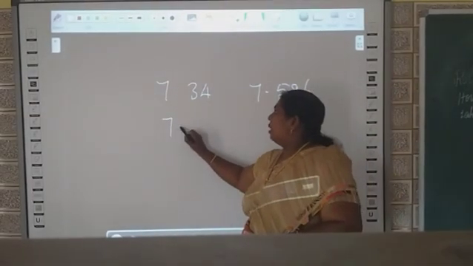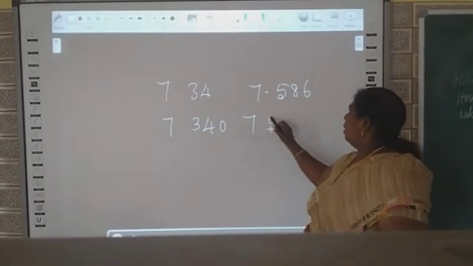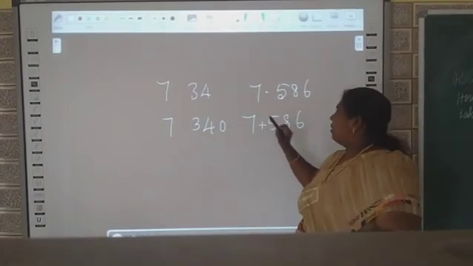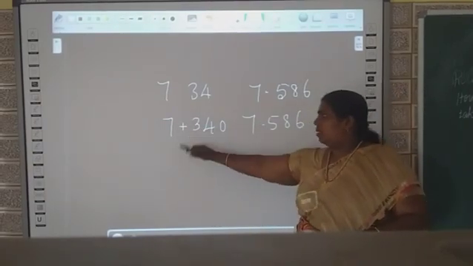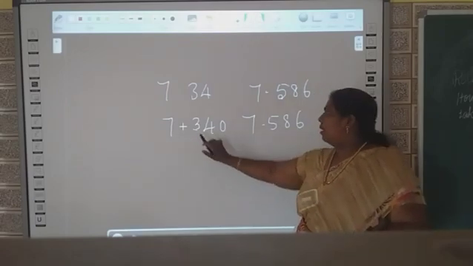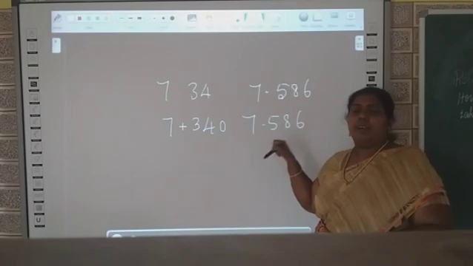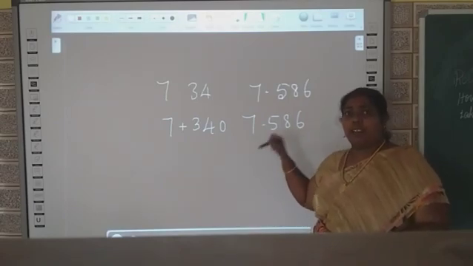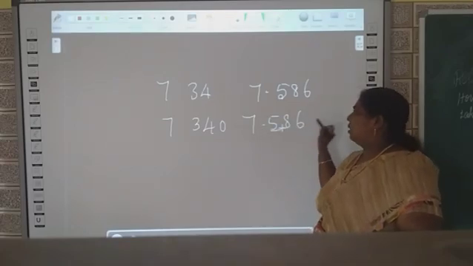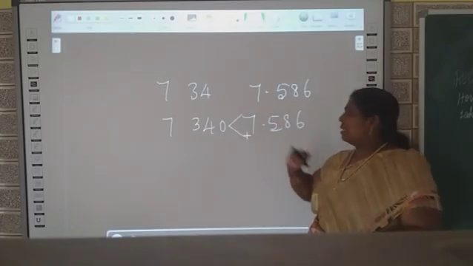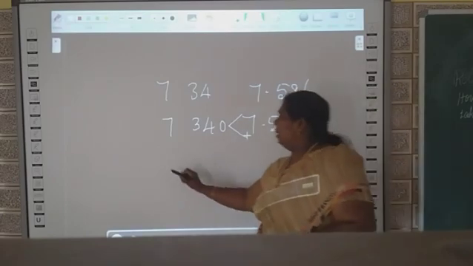Convert it: 7.340 and 7.586. Now you compare. The whole number is the same, so at the tenths place, here 3, here 5. So easily you can find which one is the greatest. This is the greatest value, 7.586. So you have to use less than. Do you understand? See the next example.